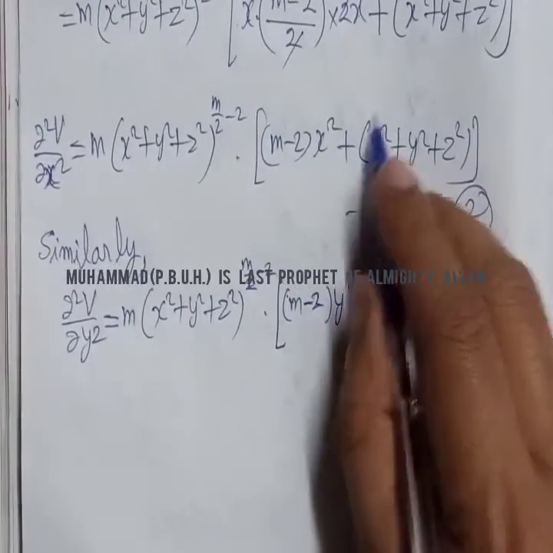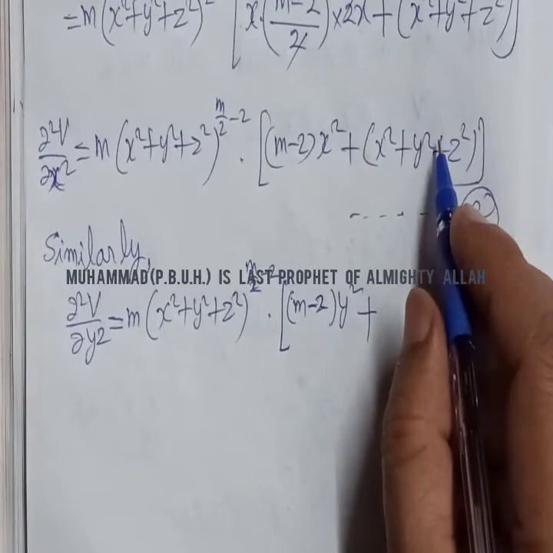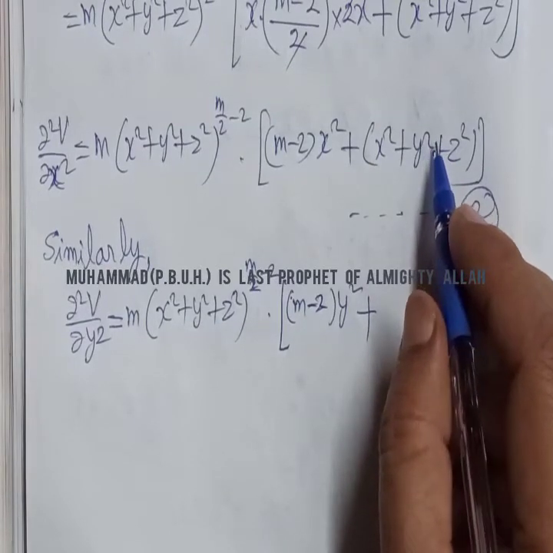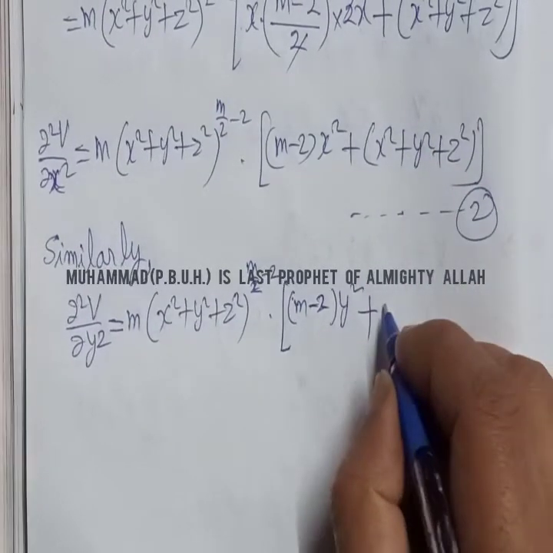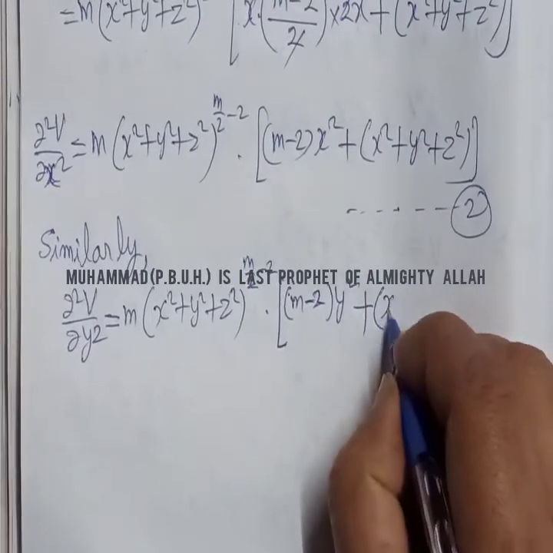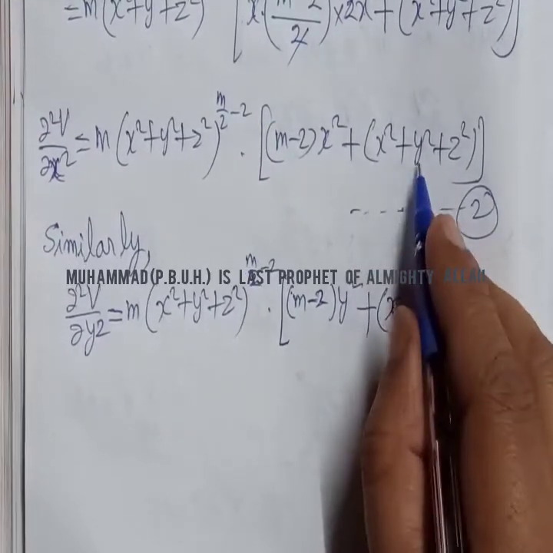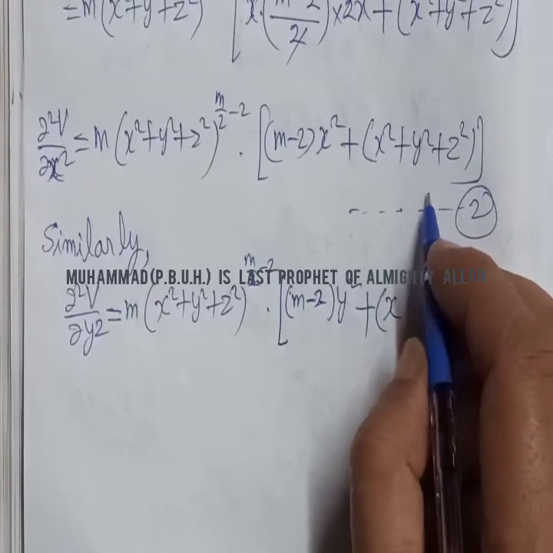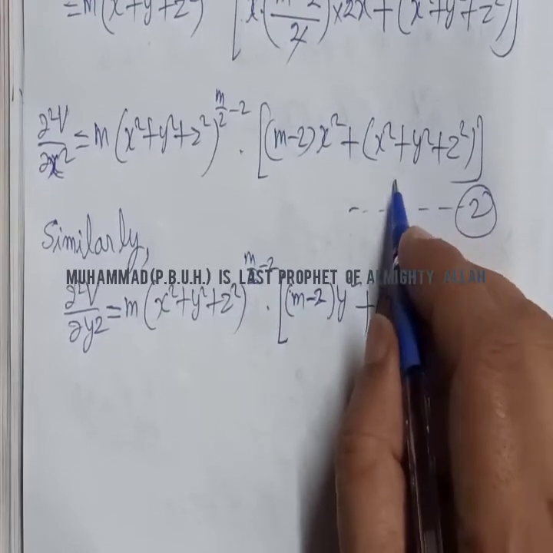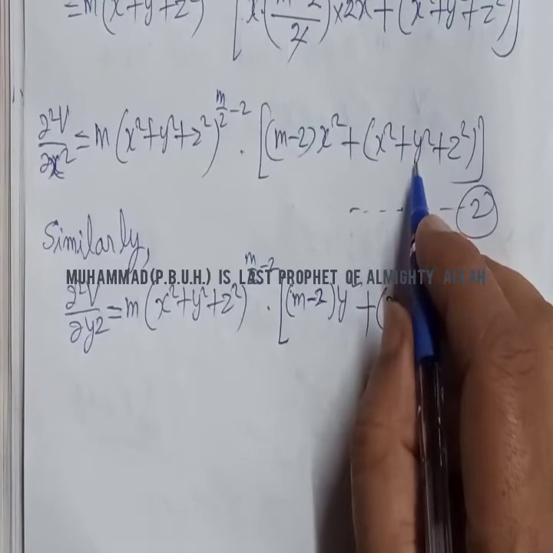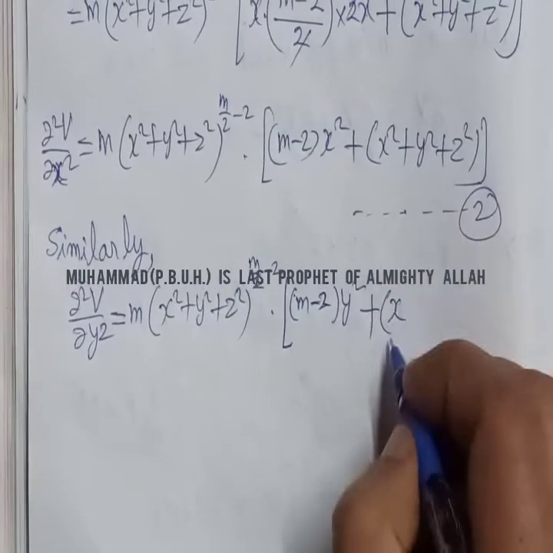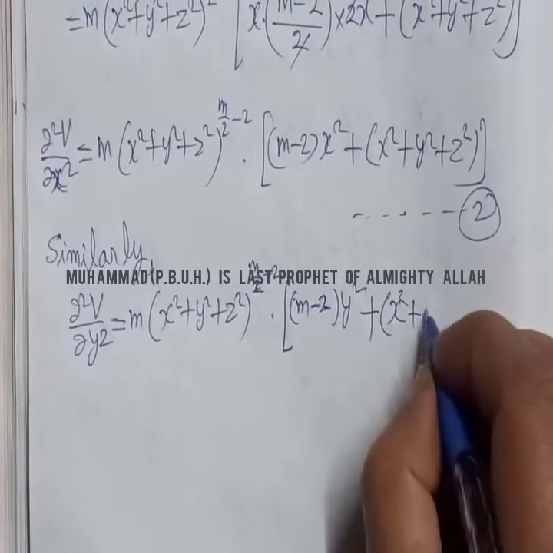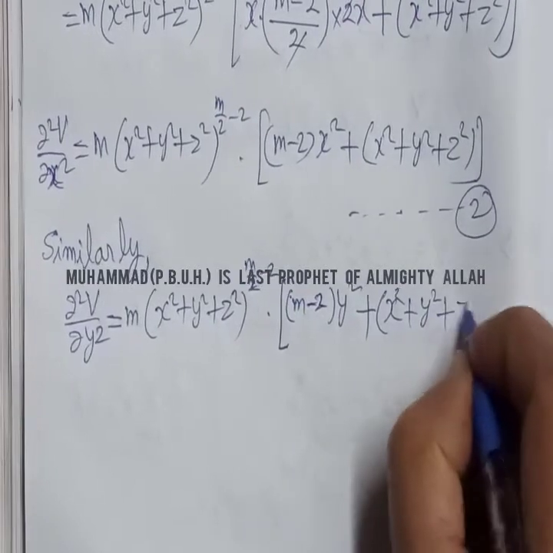This value is again symmetrical about x, y, z, so we can write y² and x², but addition is commutative and also associative, so we can write x² as here and y² as here plus z².